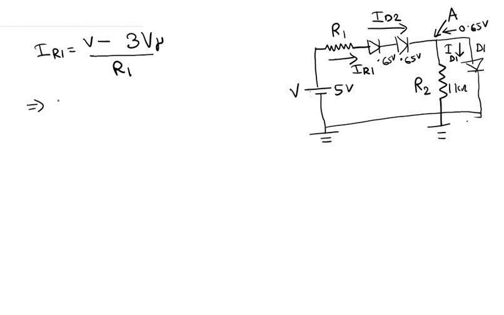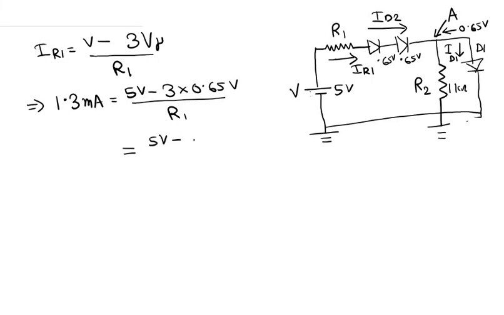Now IR1 we have already found out is 1.3 milliamperes. V is given to be 5 volts, minus 3 into 0.65 volts, divided by R1. So this is 5 volts minus 1.95 volts divided by R1.